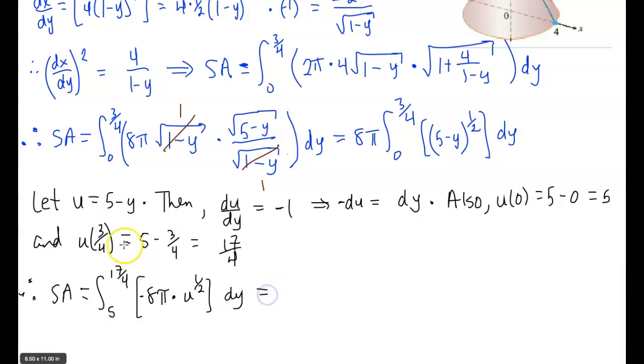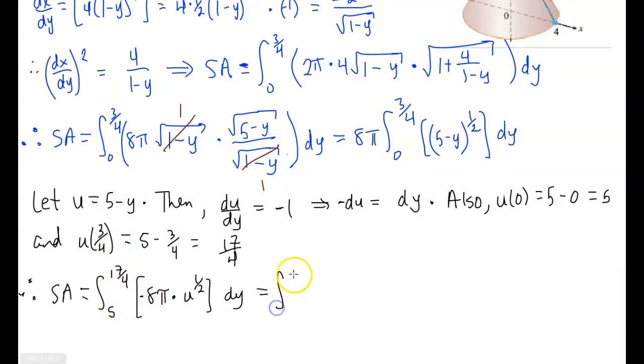Now, if we think about our limits of integration here, notice that 17 over 4, which is 5 minus 3 over 4, is smaller than 5. So this negative is popping up here because, of course, our numbers are out of place.